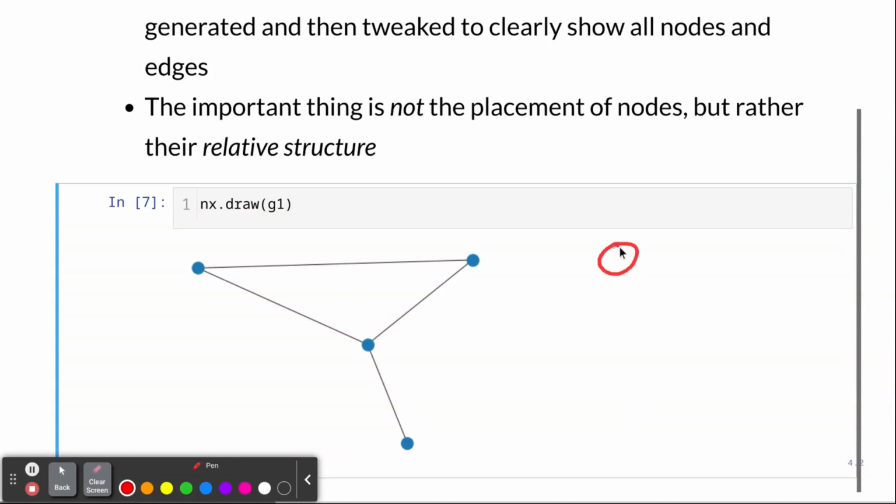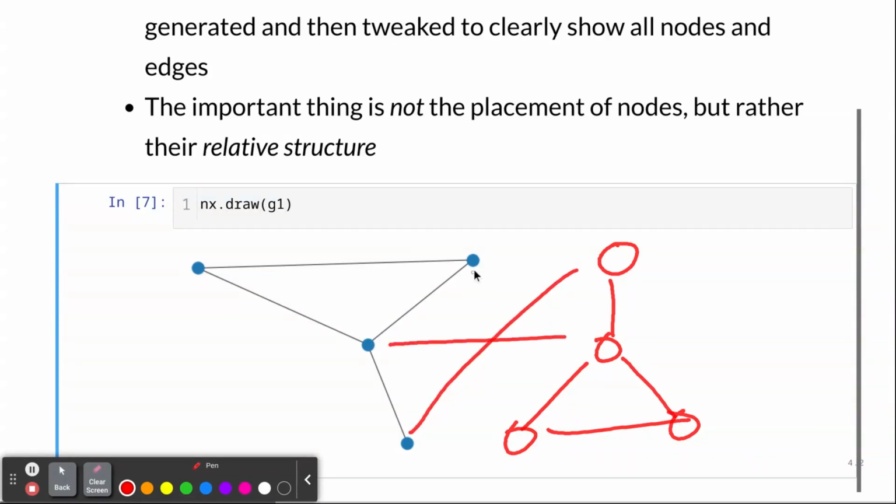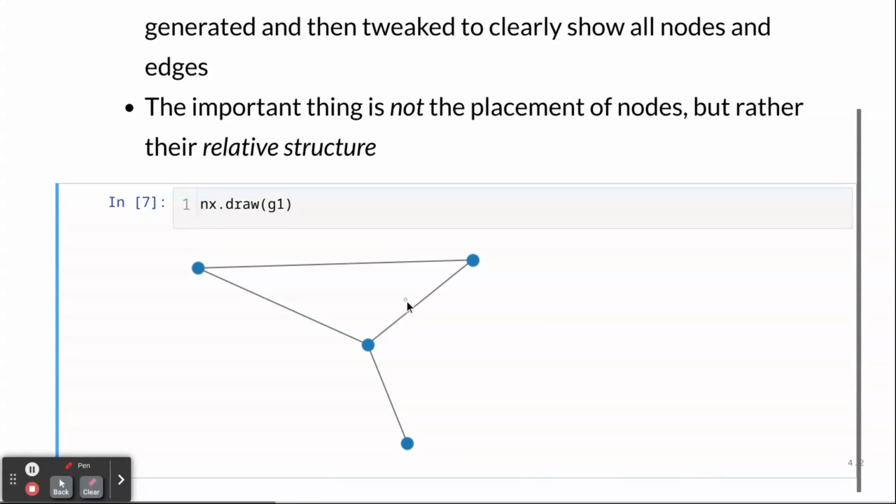So before we had this kind of structure, and they've basically flipped it. So these two nodes are the same, these two, these ones, and these ones. But we can see here, in terms of structure, this is equivalent. So here we have that node B that's connected to C, D, and A, and all the same edges are still represented.